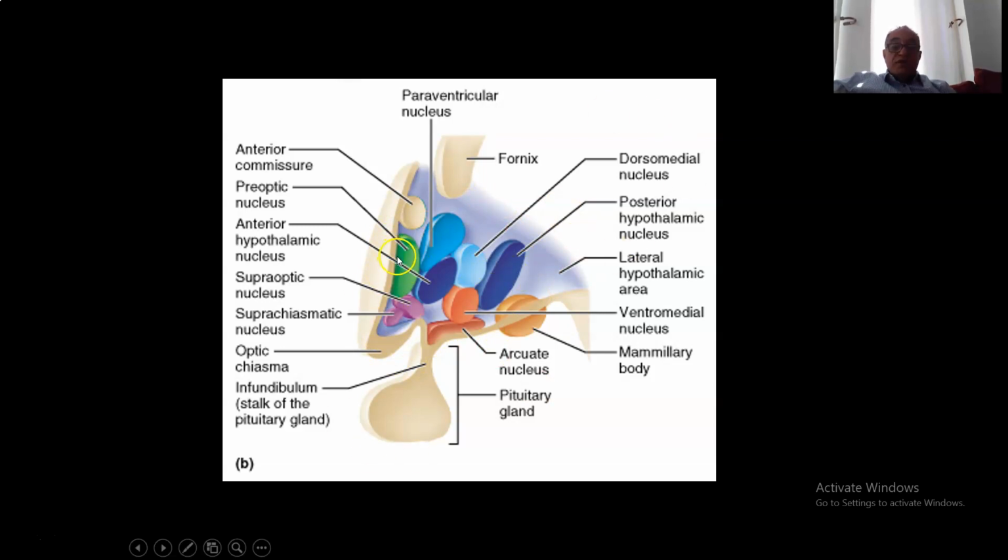There is also a very important nucleus behind the lamina terminalis, very well known to neurosurgeons who are working in tumors like craniopharyngiomas, and it is anterior, so it is the preoptic together with the anterior hypothalamic nucleus. These two nuclei are located anteriorly behind the lamina terminalis, and they are responsible for heat dissipation.